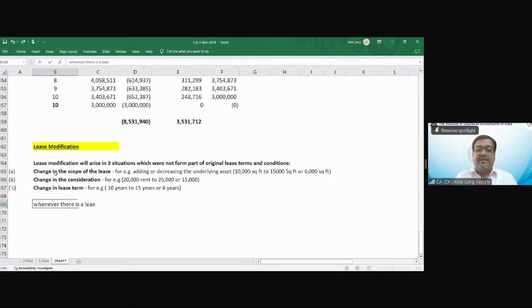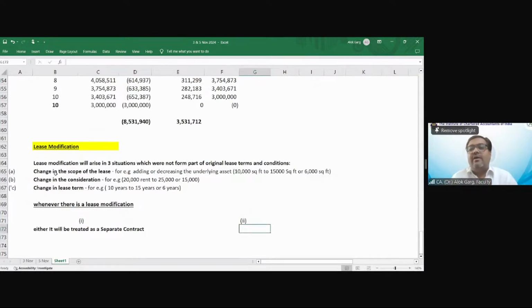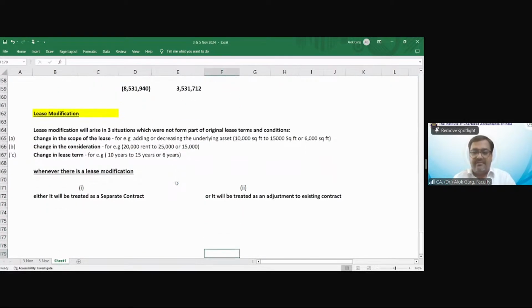Either it will be treated as a separate contract, okay? क्या होगा? या तो एक सेपरेट कॉन्ट्रैक्ट ट्रीट होगा, either it will be treated as a separate contract, और क्या हो सकता है? आप जब लीज मॉडिफिकेशन करोगे तो क्या होगा? या नया कॉन्ट्रैक्ट होगा या फिर मॉडिफिकेशन होगी एग्जिस्टिंग कॉन्ट्रैक्ट में, or it will be treated as an adjustment to the existing contract, right?